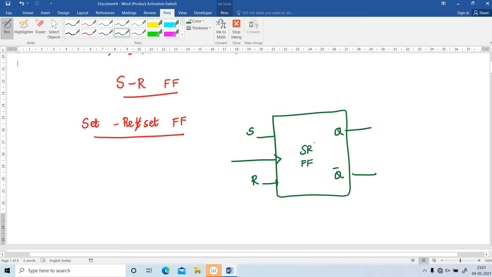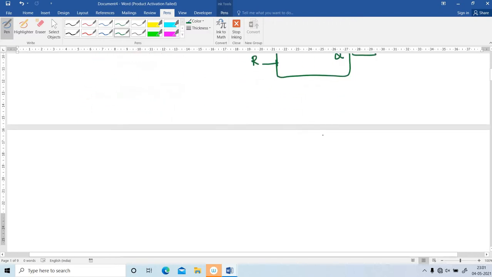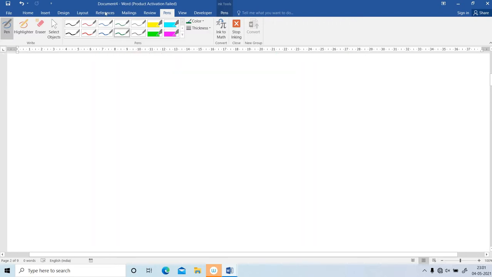Okay, next I am going to explain how to draw the logic diagram for SR flip-flop. To draw the logic diagram, how many NAND gates are required? Four NAND gates are required.